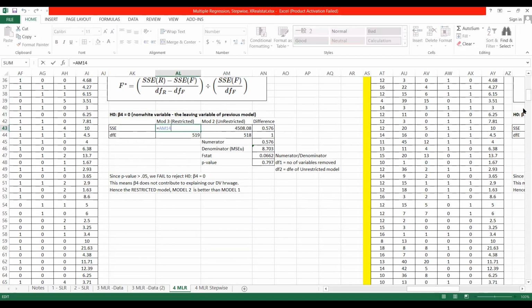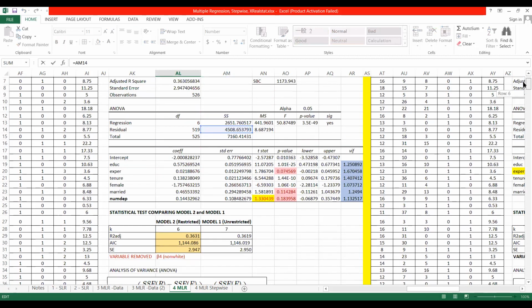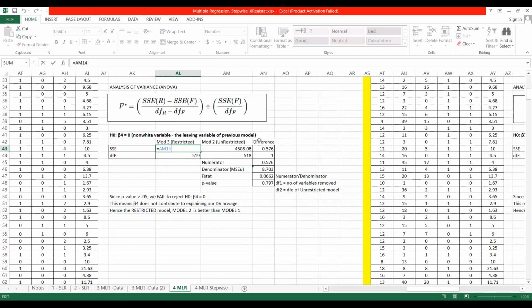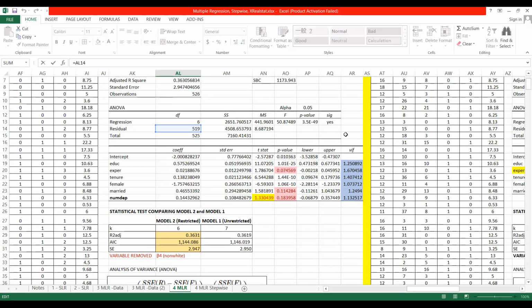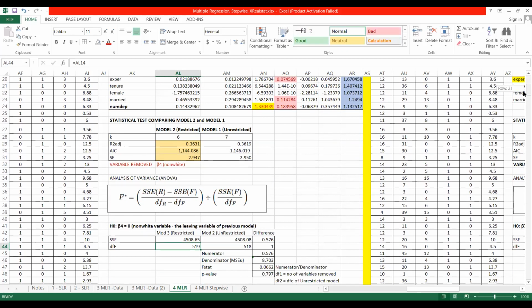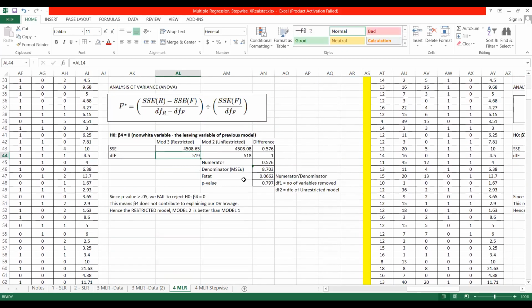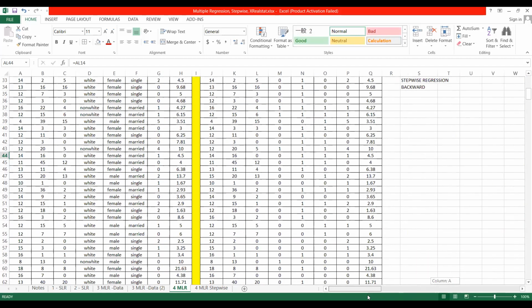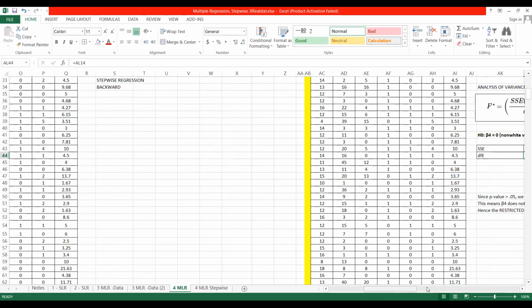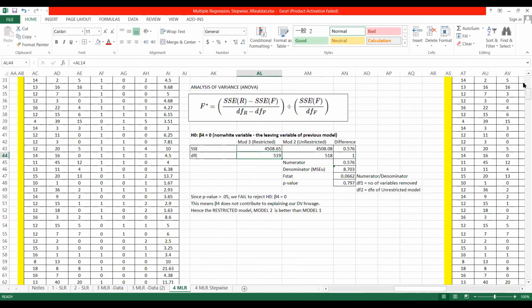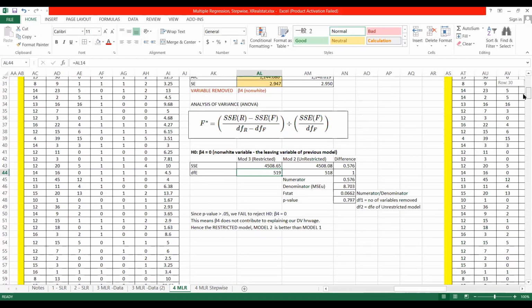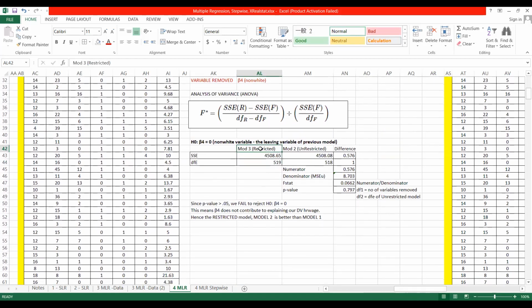Guys, I just pointed out where that is and where it was taken from. It's all there, guys, in our models. The degree of freedom is in our table, here. Okay, the degree of freedom of SSE. And then we do likewise for model number 2.